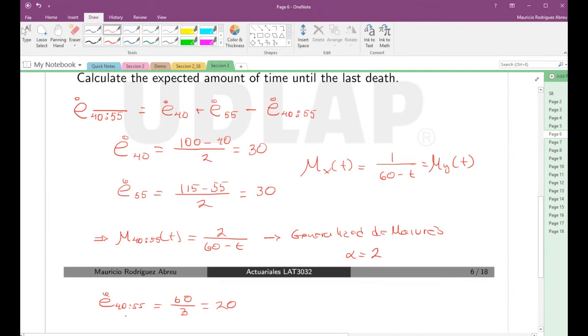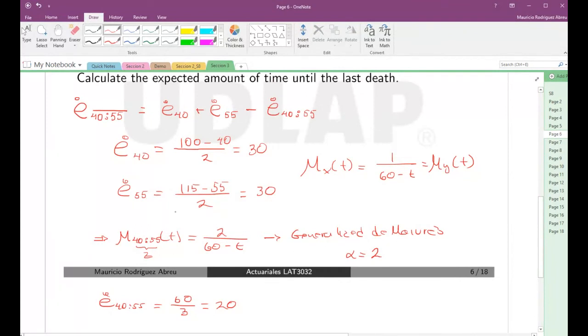Now, here I'm not even using 40 and 55. Essentially, here is just like having a new, if you want to call this the new age or whatever. So I can use this generalized MOABs expression. But again, because somebody was asking me in the previous section, okay, so that means that x is 0 or y is 0? No, no, no. It's just that now, because it was convenient for me, I ended up with something that looks like a generalized MOABs expression.